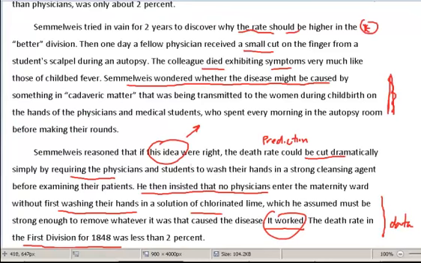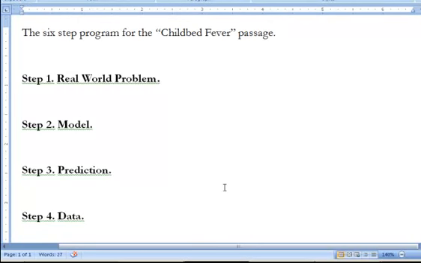So actually, if we go back here and recall that the model is what we looked at in this part right here. So Semmelweis wondered whether the disease might be caused by something in the cadaveric matter that was being transmitted to the women after the doctors did the autopsies.